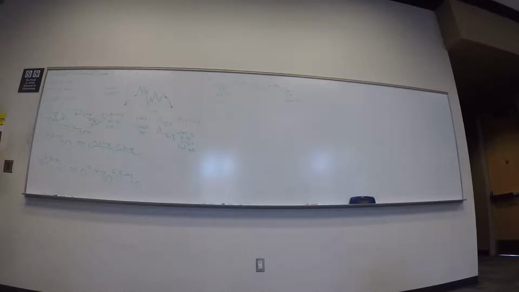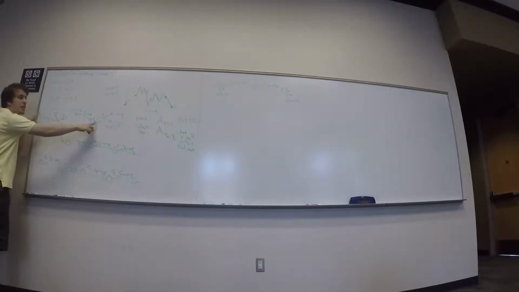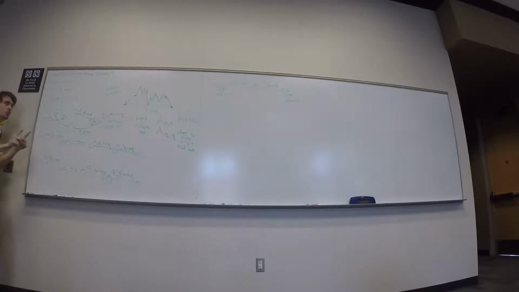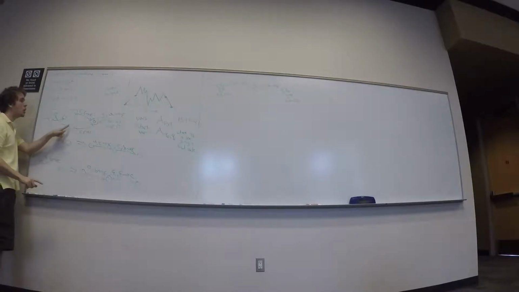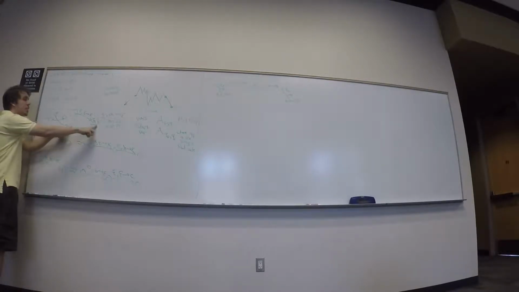Okay, let's start thinking about this. I want to know eventually how to get from the start state to the final state. That's my goal. But let's suppose that I know how to get from the start state to an intermediary state with the same stack height, and I know how to get from that intermediary state to the final state with the same stack height.